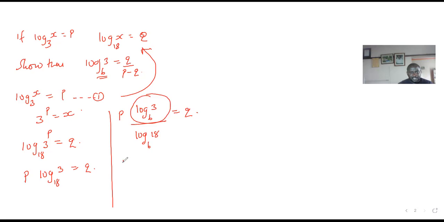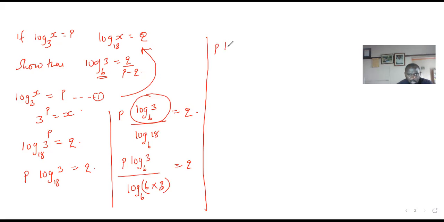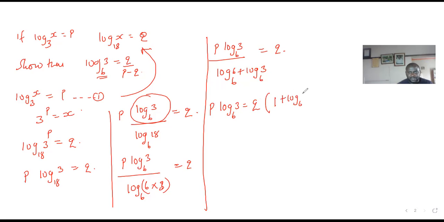We shall have P log 6 of 3 over log 6 of 6 times 3 is equal to Q. Now, if you see that, you confirm P log of 6 of 3 over log of 6 of 6 plus log of 6 of 3 is equal to Q. Do you see that we shall have P log of 6 of 3 is equal to Q into 1 plus log 6 of 3.